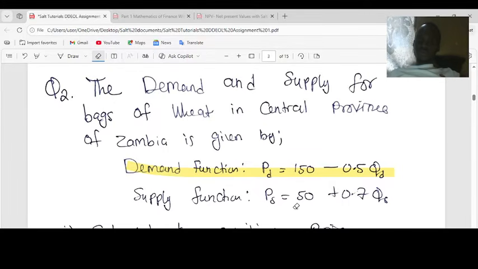So the more the quantities, the more the price. But here on the demand function, the higher the price, the less the demand. So if you increase the price on a certain commodity, you are going to receive fewer customers. That's what the demand function is telling us. So it's a negative relationship which exists between the price and the demand.